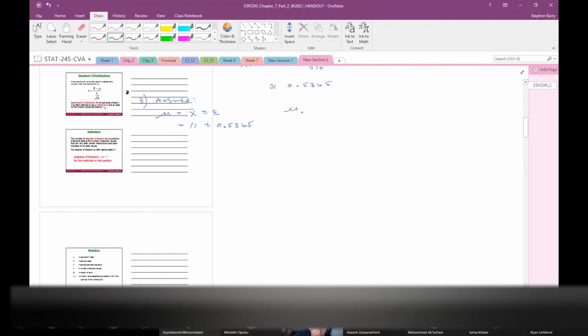The upper limit on your confidence interval would be 11 plus 0.5365.